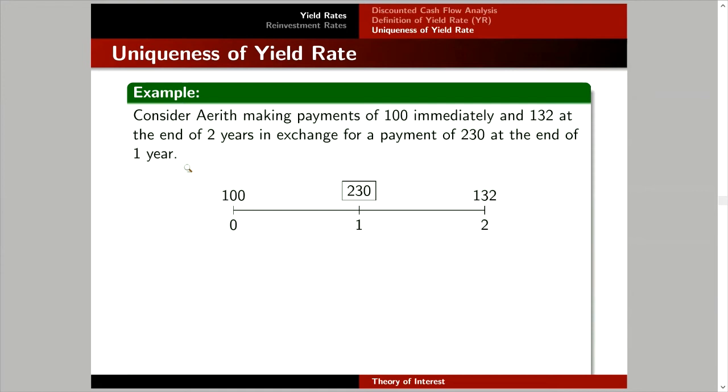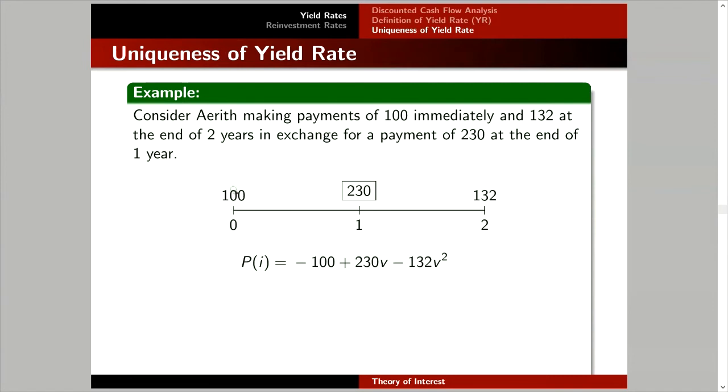Pero ang tanong talaga dito, find the yield rate. Alright? Okay, let's find the yield rate. So, let's establish muna the net present value. Again, it's the summation of the present values of the R sub T's. So, ito ang itsura niya. So, our net present value is equal to that one. Negative 100, okay? And then positive 230 times V, because that's the value of that amount at time 0. And then finally, you have a negative 132 V squared.